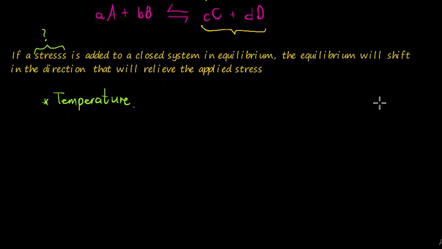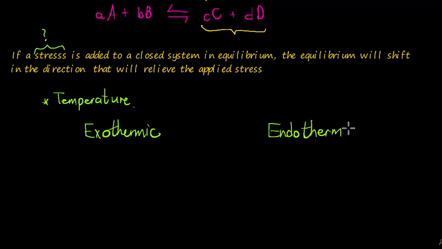Well, there are two possibilities. We can have exothermic and endothermic reactions. If we have a reaction that is reversible, and the forward reaction is exothermic, then the reverse reaction will be endothermic.